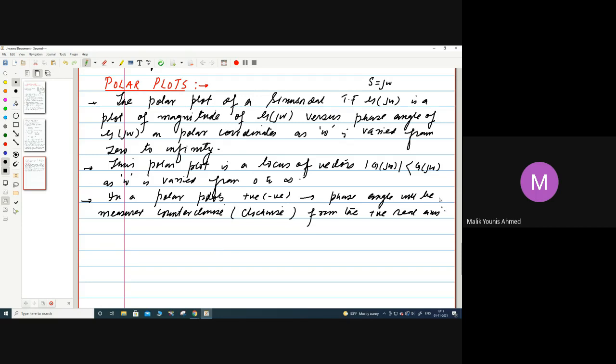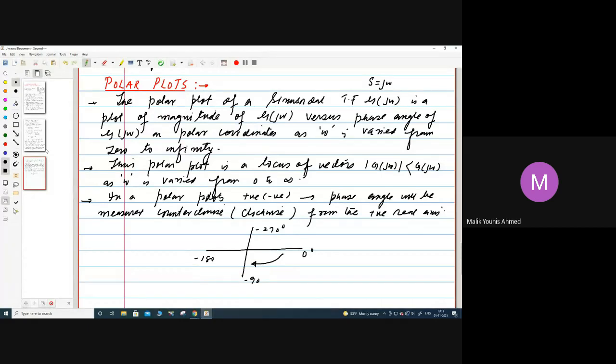So in polar plots, if we have to measure, say this is 0, minus 90, minus 180, and this is minus 270, back to minus 360 which is again 0. This is in the minus direction, and minus is always clockwise. So angle measurement has to be done like this.